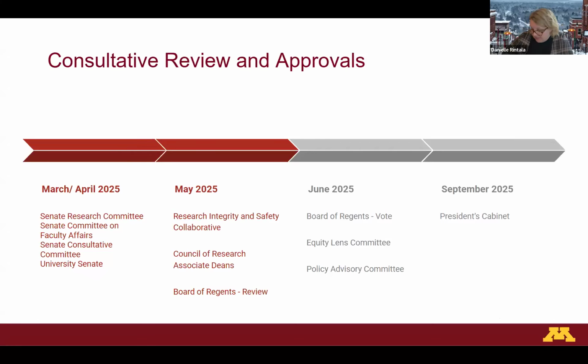So the consultative review and approvals really started back in March 2025 after we spent all that time getting our initial drafts ready for review. Some of you may recall, even back in fall of 2025, we did present to the Board of Regents about research integrity and research misconduct, just to give them an educational context of what we were going to be bringing to them for policy review later in the fiscal year.